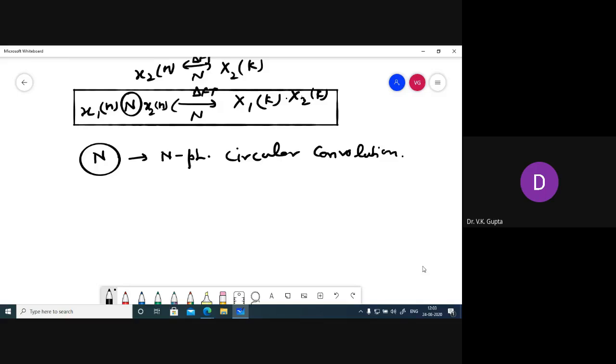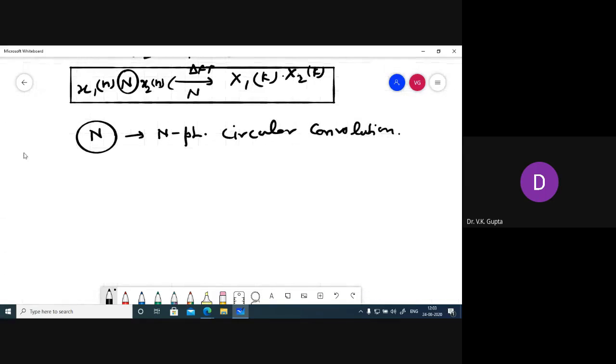Till now we have learned about linear convolution, which we did in the initial classes. Here a new convolution is introduced, called circular convolution, represented by this N in a circle: N-point circular convolution of x1(n) and x2(n).